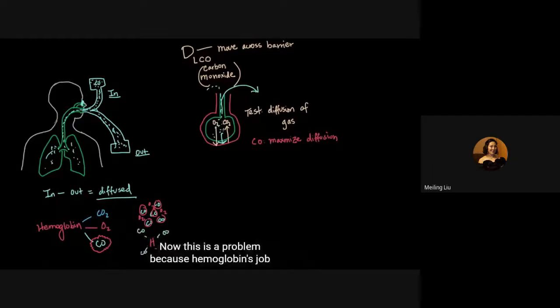Now this is a problem because hemoglobin's job is to take the oxygen all over. It can take the carbon monoxide to the same places, but our body can't use carbon monoxide. It's useless to us. Now it's okay for Mr. D to breathe in one breath of this, but if you do this for a couple minutes and you're breathing carbon monoxide instead of oxygen, your oxygen level is going to drop. So they're basically suffocating, even though they're still moving air in and out. And that's why carbon monoxide poisoning is so serious.